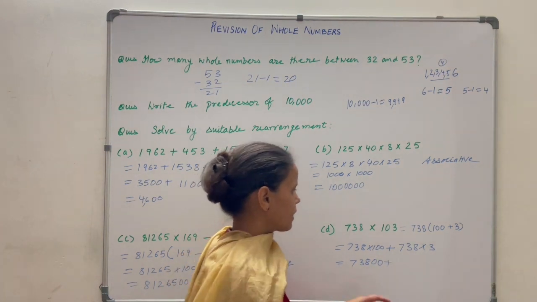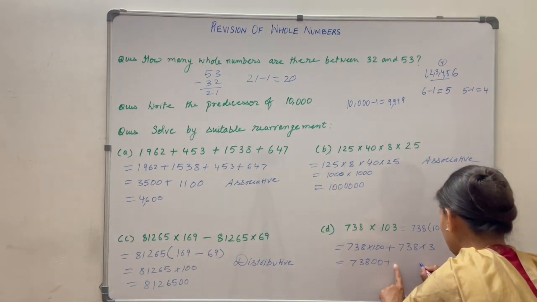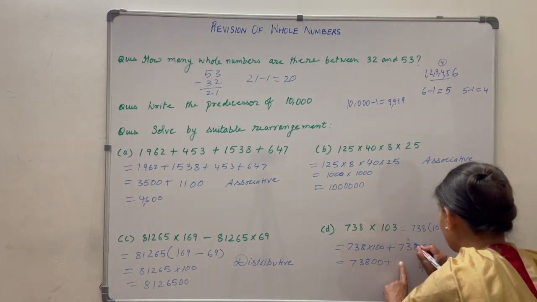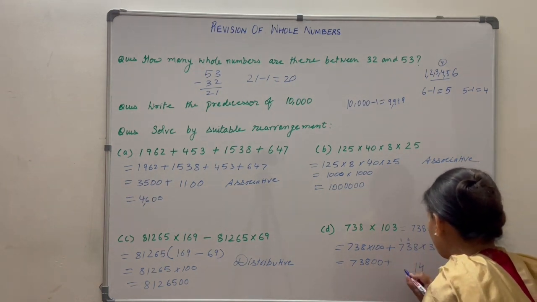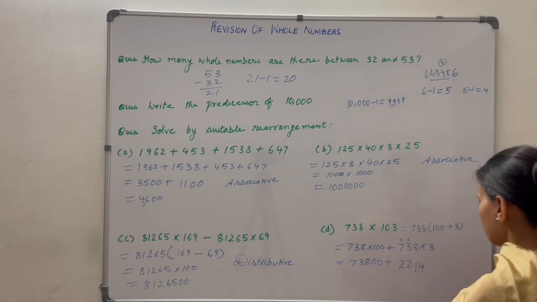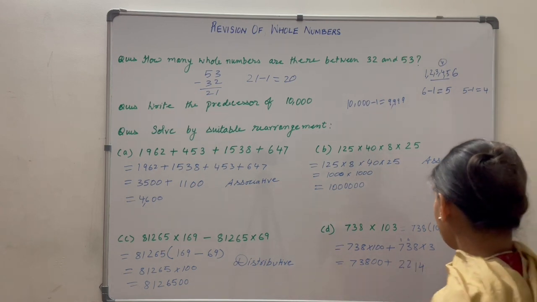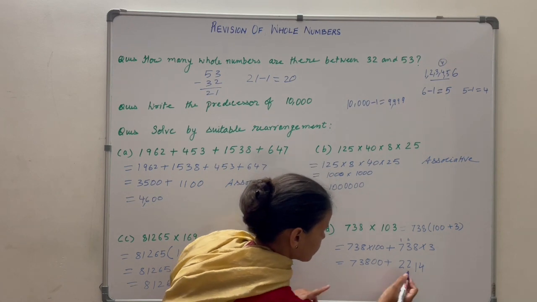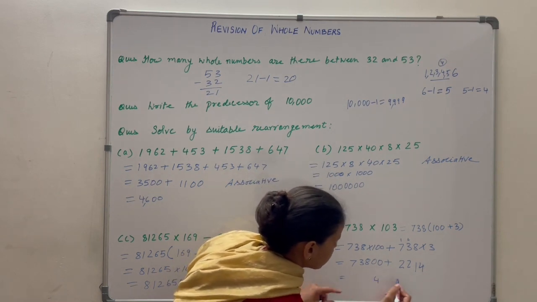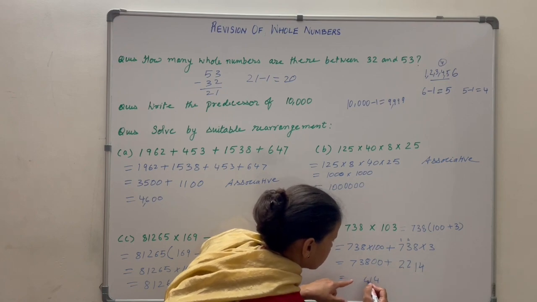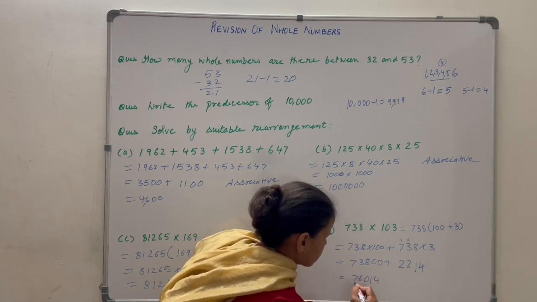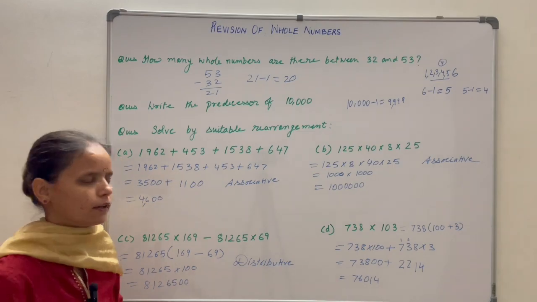Now let us multiply this. 8 into 3 is 24, carry over 2. 3 threes are 9, 9 plus 2 is 11, carry over 1, 7 threes are 21, 22. Now let us add these two numbers. What are you going to get? 4, 1, 8 to 10, carry over 1, 3 plus 3 is 6. So you get 76,014.